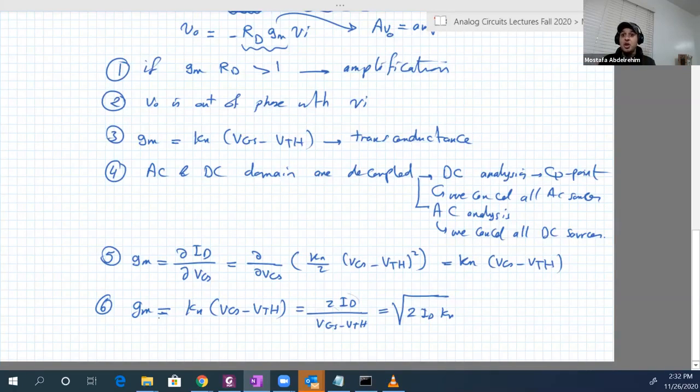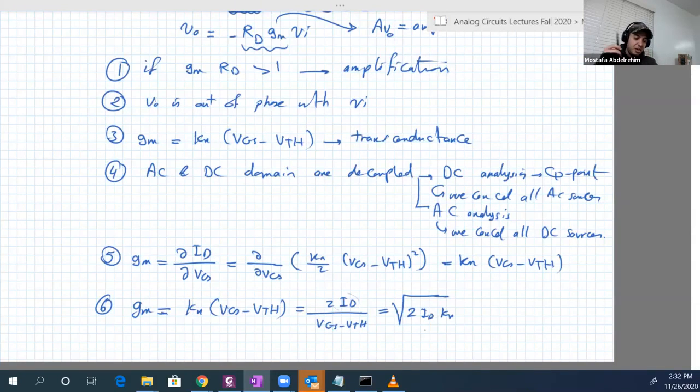Number 2, for small signals, we can decouple the AC from the DC: we can do the DC analysis by itself, canceling all the AC sources, then do the AC analysis by itself, canceling all the DC sources. We also get the transconductance parameter, which has many forms as we see here, and all of them lead to the same result.